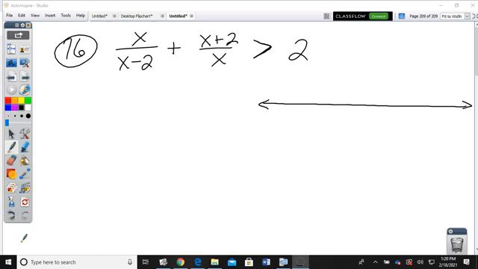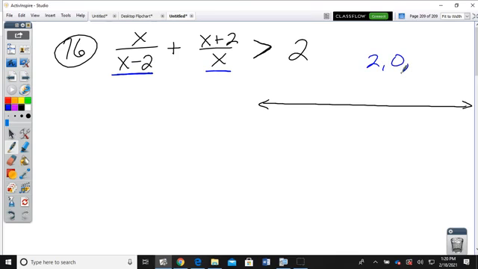So we're going to find the answers, as well as what x cannot be. For instance, right here, I know x cannot be 2 for this one, and it can't be 0 for there. So I know 2 and 0 matter, they're called critical numbers. And then we're also going to solve this equation.